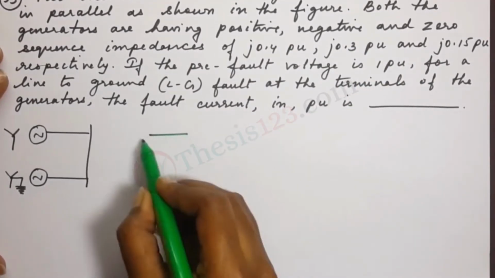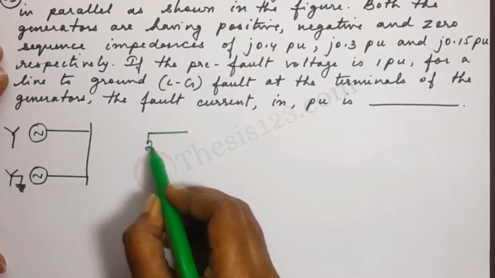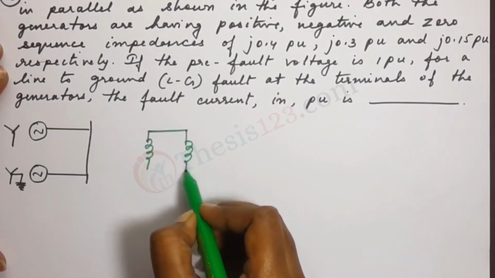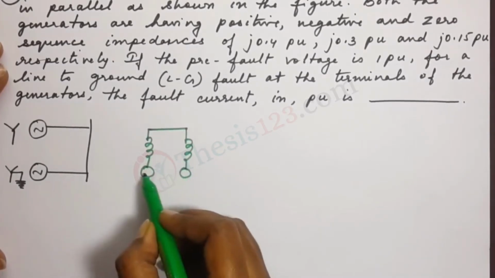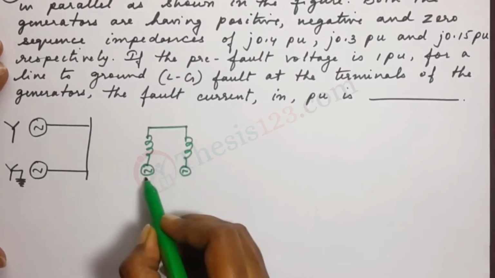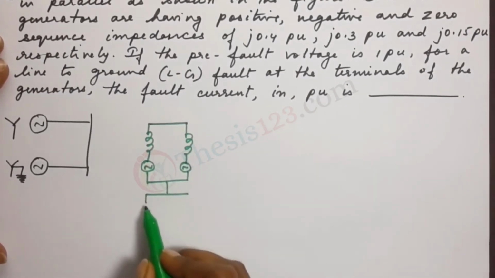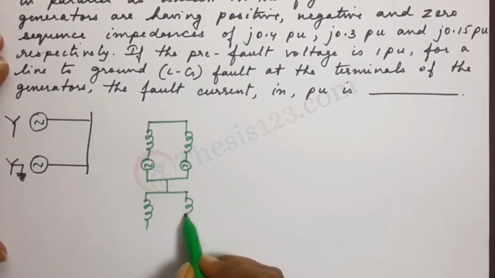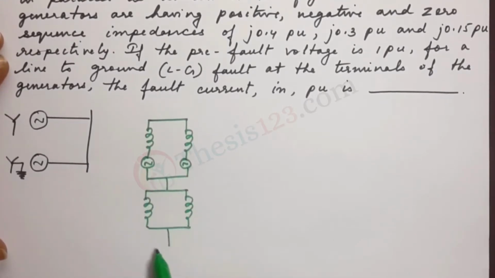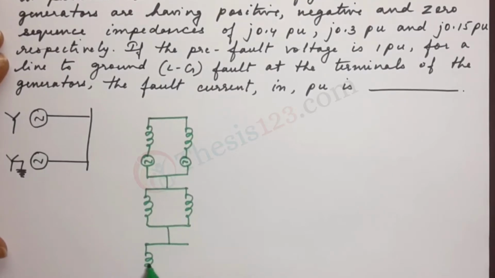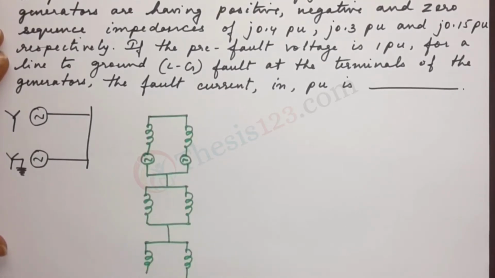So let me just draw it here for you. So we have the positive, the two generators here, and then we have the negative sequence impedance, and then we have the zero sequence impedance.